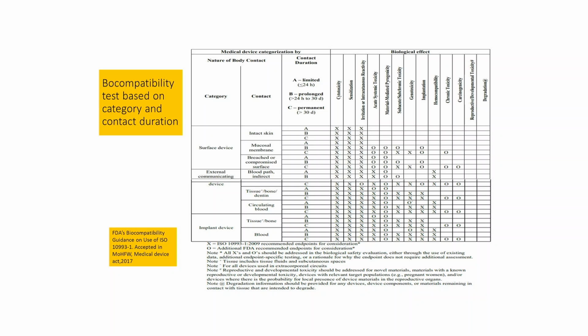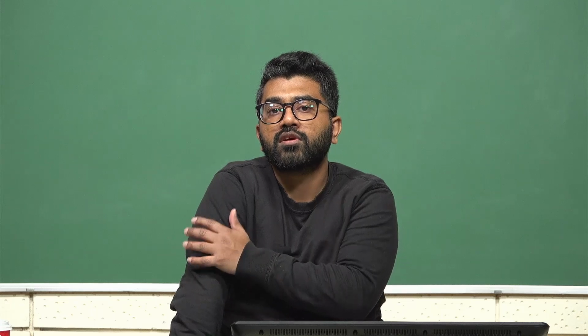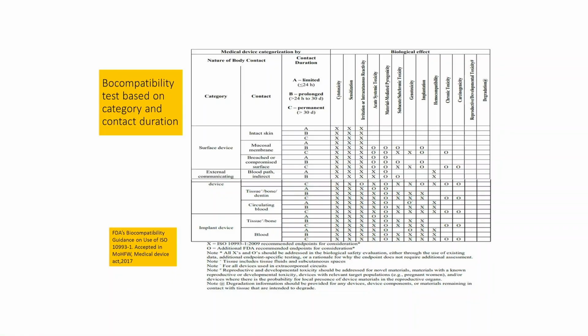For surface devices which are just on intact skin, where there is no skin breakage and no wounding, like sensors and other devices which just sit on the skin, you are basically looking at three types of tests which are marked by a cross there: cytotoxicity, sensitization, and irritation or intracutaneous reactivity. These are the only three categories of tests which have to be followed, right?